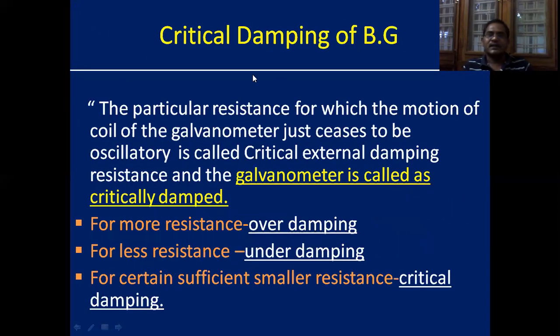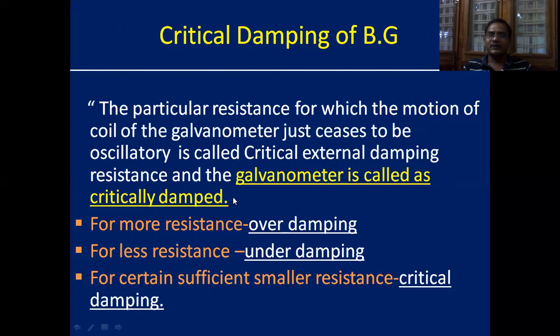Okay. The second one is critical damping. So here the moving coil galvanometer, that is ballistic galvanometer, is connected in an external circuit having some resistance. The particular resistance for which the motion of the coil of galvanometer just ceases to be oscillatory is called critical external damping resistance, and the galvanometer is said to be critically damped.